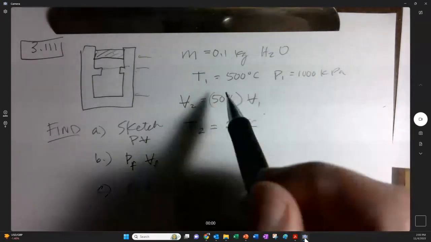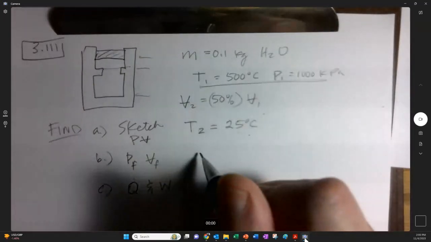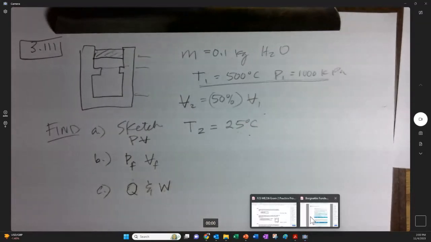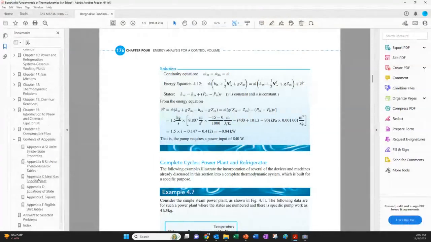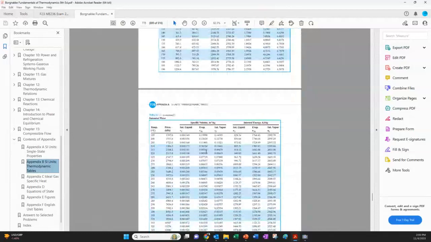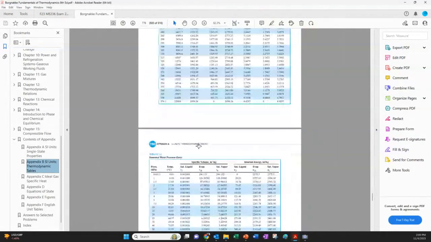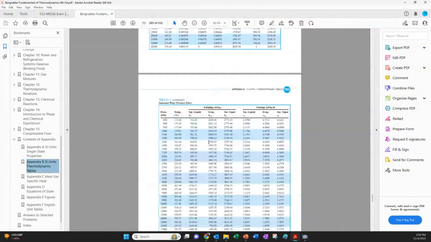All right, so our first thing that we want to do as part of this is get what these properties are going to be. So we're going to look up into the tables and find, in B, okay, so I honestly just had my aha moment here on how to do the problem.